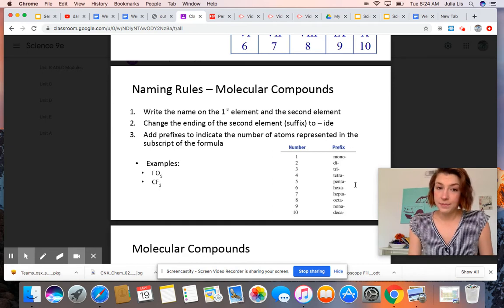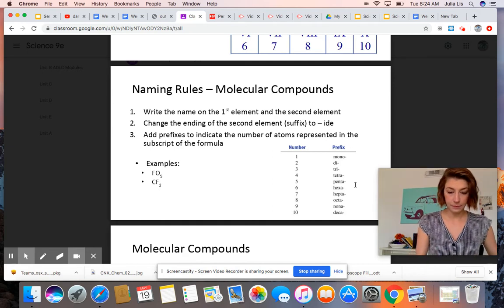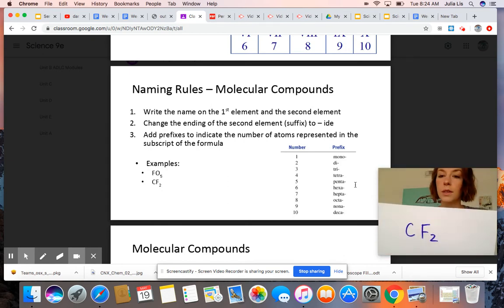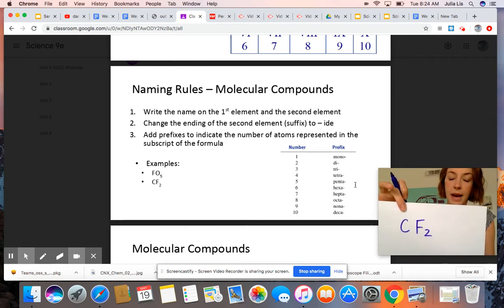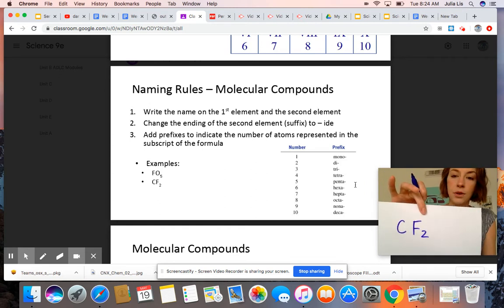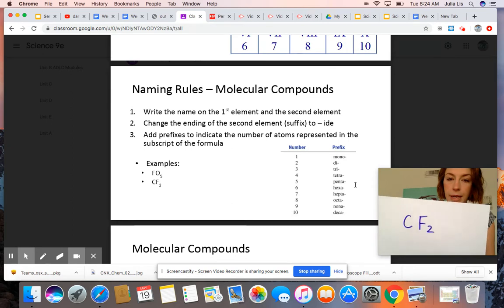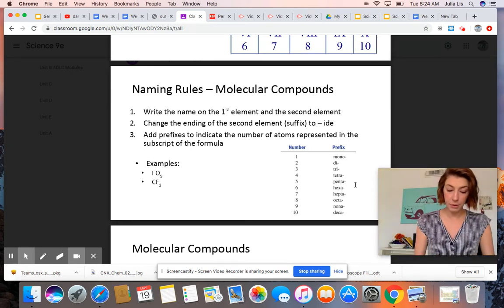If I do the next one, okay, CF2. Okay. So this means that I have 1 carbon atom, it's a nonmetal, and 2 fluorine atoms. Okay. So I'm going to put carbon, and I don't need to put mono in front of it.